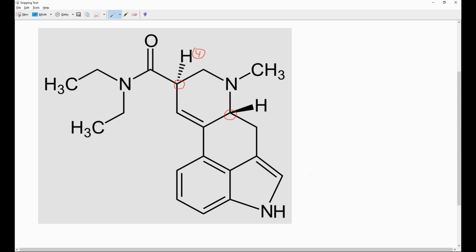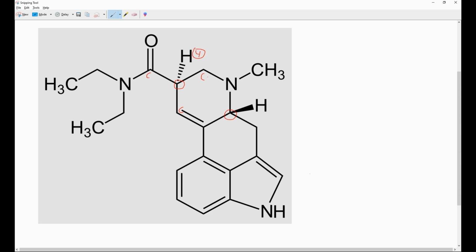We base the ranking off of atomic number, in addition to if there are multiple carbons present, such as in this case, where we have the carbon here, here, and here. Obviously, those carbons have the same atomic number.